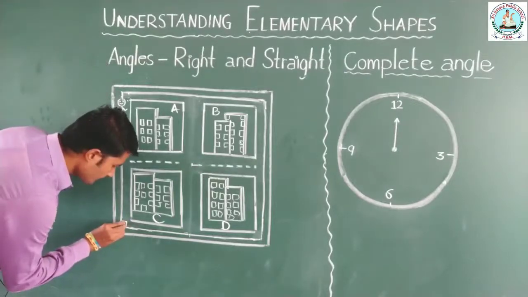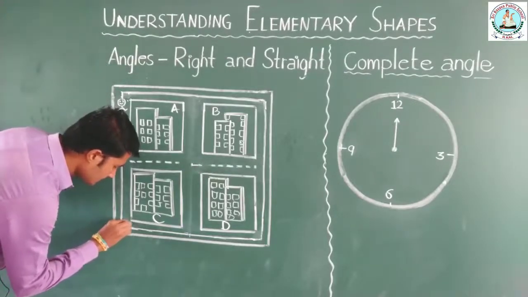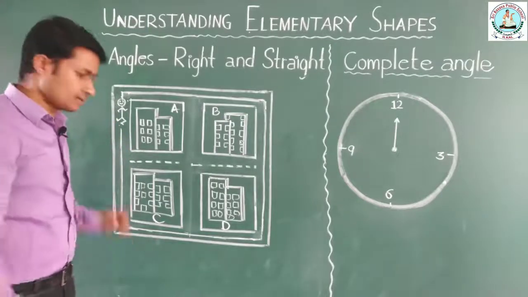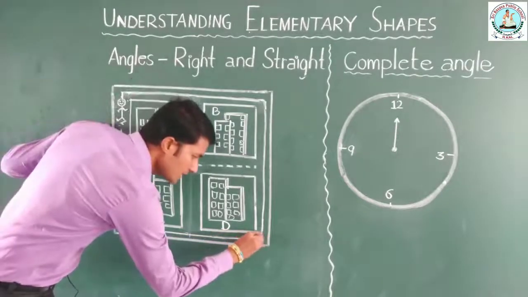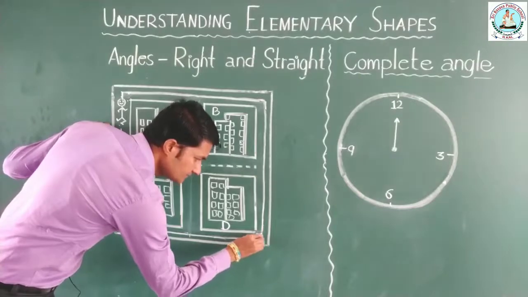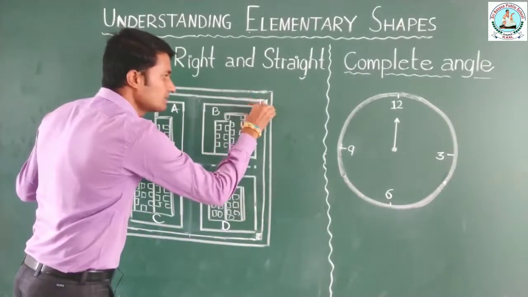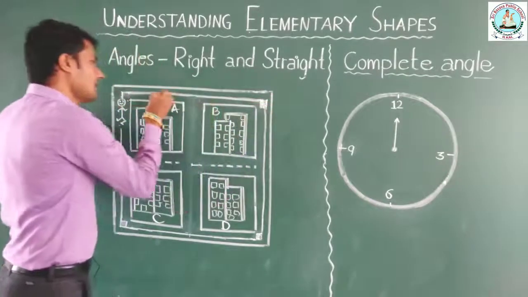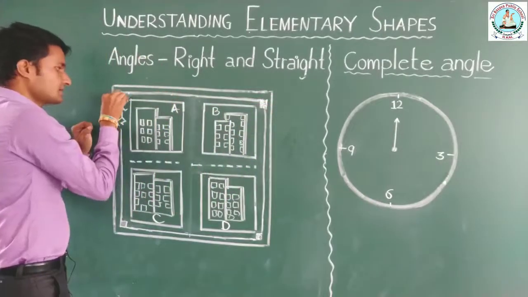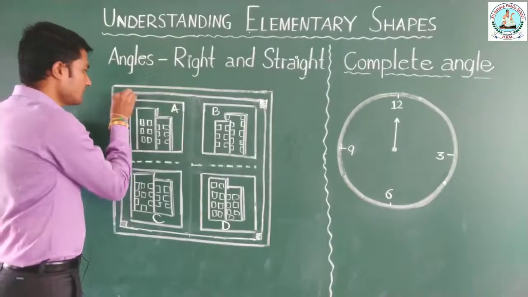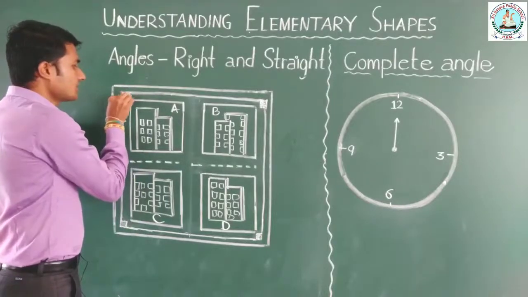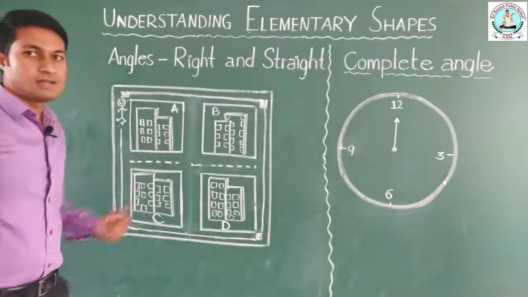See here, this highlighted portion shows that he has covered some angle. Then at this corner also he has covered some angle, and at this corner also. After making his last turn towards the left side, here also he has covered an angle.